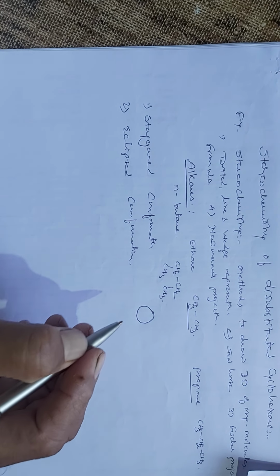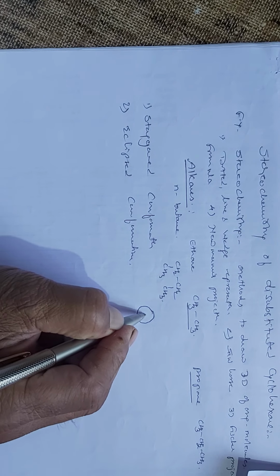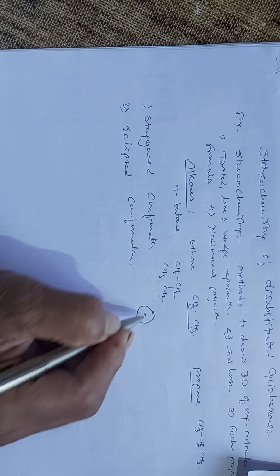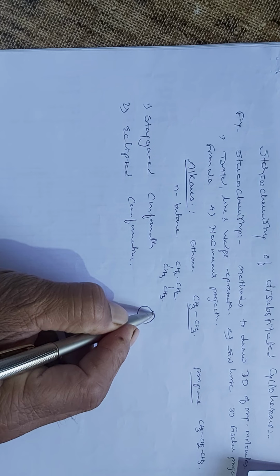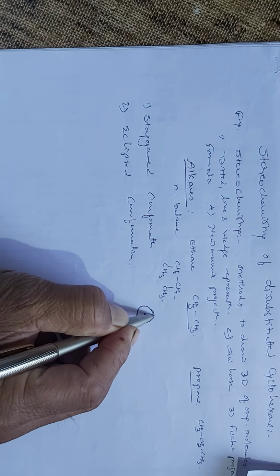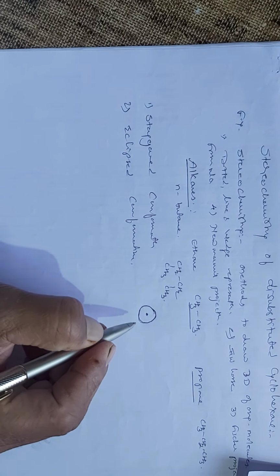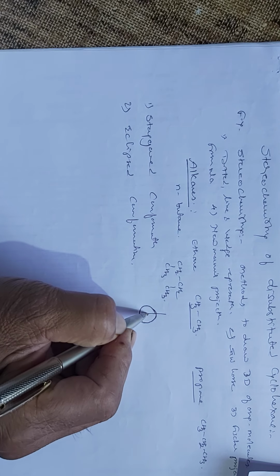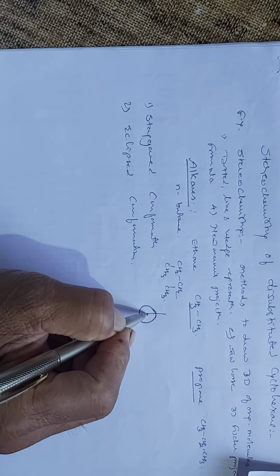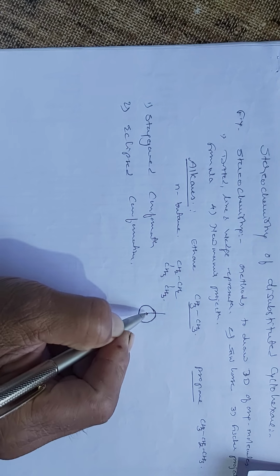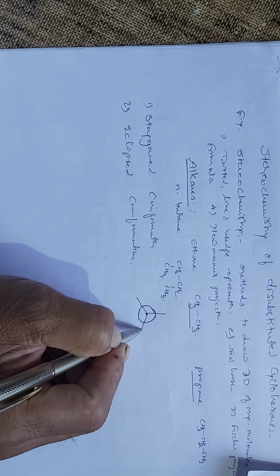And so, by using Newman's projection formula, we studied that when the molecule is kept in front, the carbon-carbon bond axis is kept in front of your eyes. So the front carbon is indicated by the dot, and the rear carbon is indicated by the circle. The bonds joining the center of the circle are the bonds of the front carbon atom.